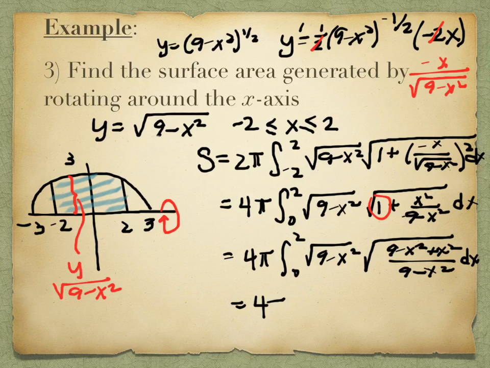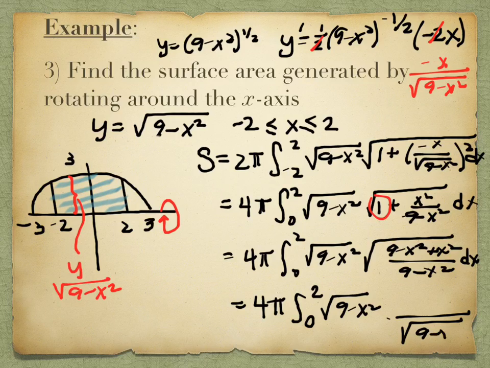So hopefully in looking at this you see some similarities. I have a square root of 9 minus x squared on top and on bottom. So I actually end up with, from 0 to 2, the square root of 9 minus x squared, and then we'll cancel these in a moment. This is a square root of 9 minus x squared, and then on top I have the square root of simply 9.